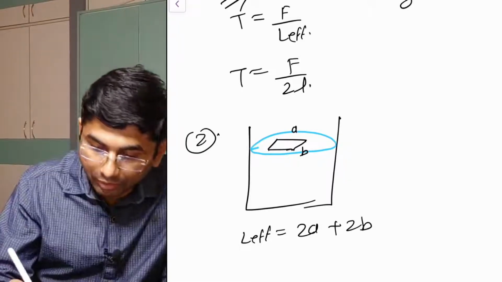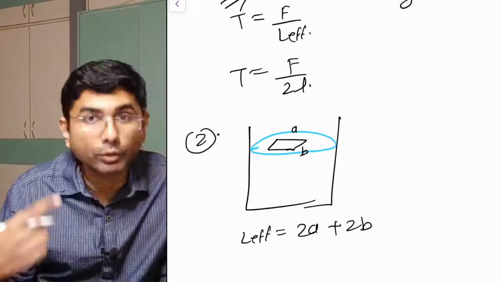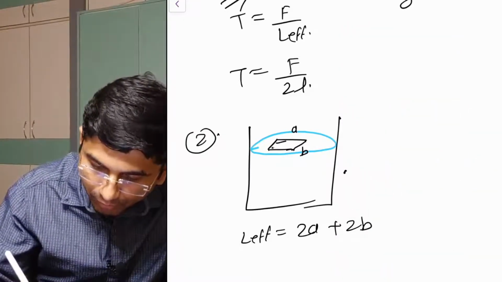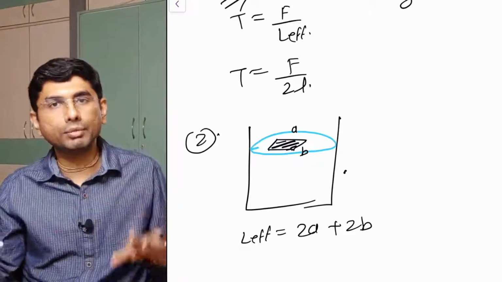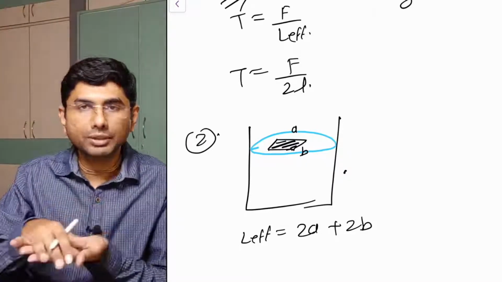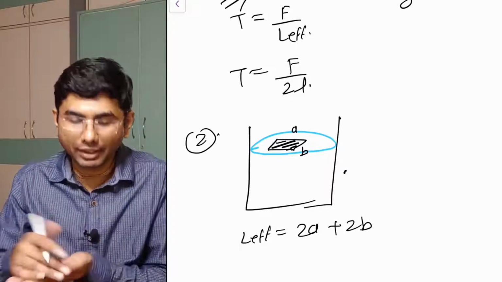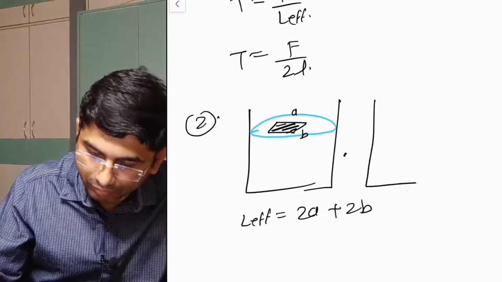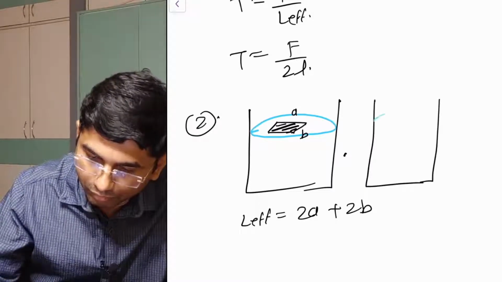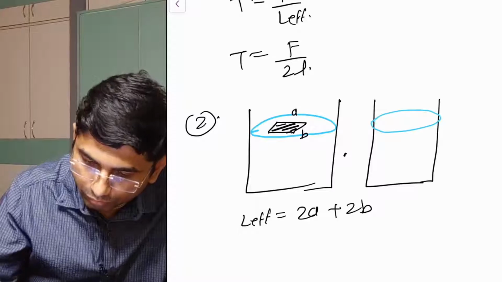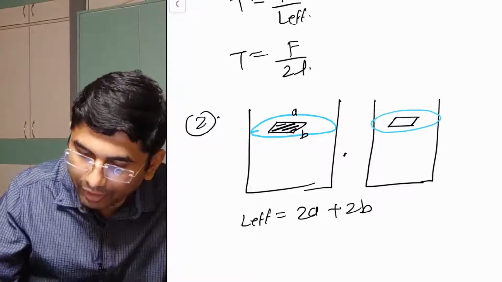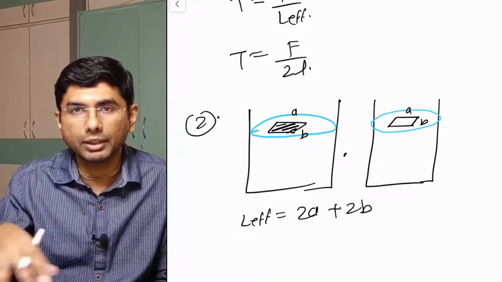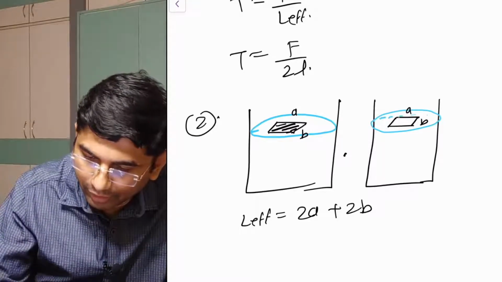Now here also there is a trick. This will be the answer when it is completely a surface, a 2-dimensional surface, a part of a surface, like a disc or something like that. Then the length will be 2A plus 2B. But instead of that, if I am having a rectangle, again A and B, and it is completely hollow in between, then the water is here and also in between.